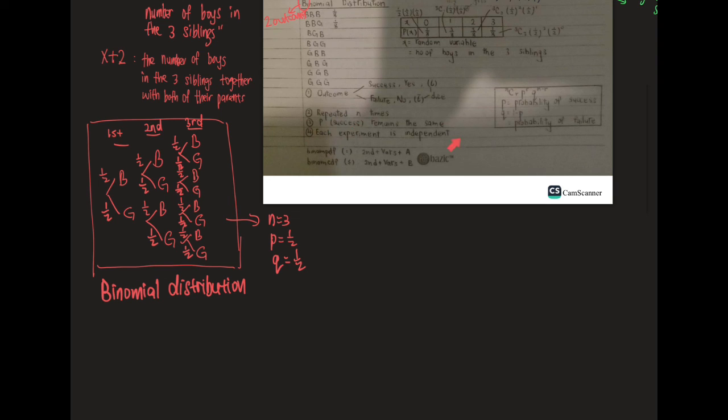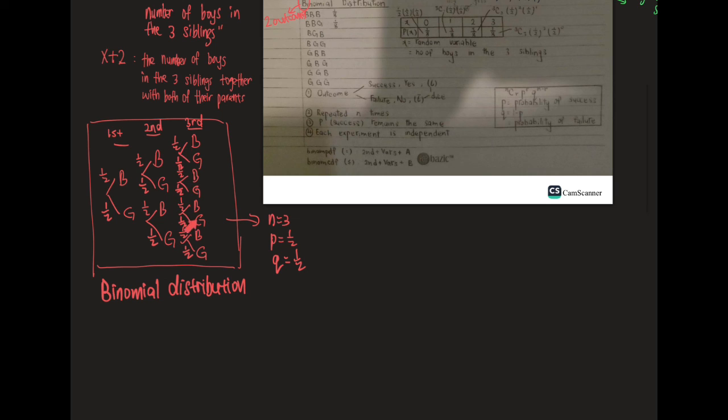That means this is the first time of doing the trial to check the first son or the first daughter, whether they are boy or girl. So it's independent for the second one. The second one is son or daughter, and then the third one is son or daughter.